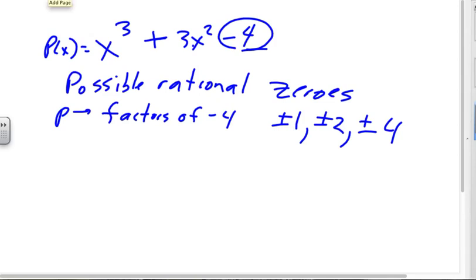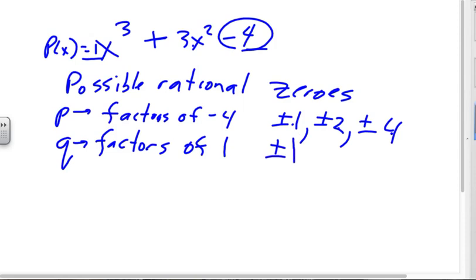Those are the only things that will multiply together to get you 4: 1 times 4 or 2 times 2. Okay, q. Q is the number in front of here, which is 1. It's understood. So factors of 1 are going to be plus or minus 1.